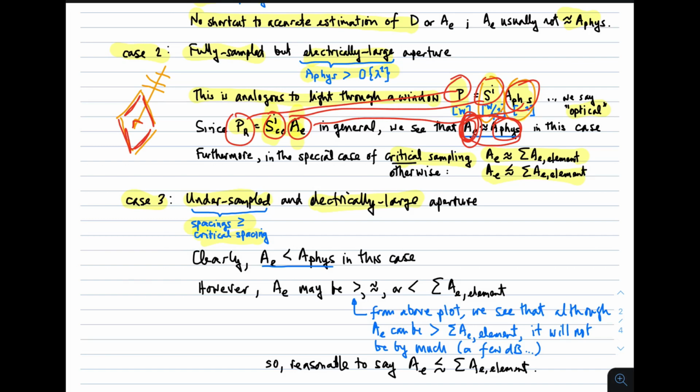Well, clearly in that case, the effective aperture of the array is going to be less than the physical aperture of the array, if for no other reason that it's hard to define what the physical aperture is, and since it's undersampled, it's almost certainly going to be larger than the actual effective aperture. Now you could ask the question in this case, how would the effective aperture relate to the sum of the effective apertures of the elements?